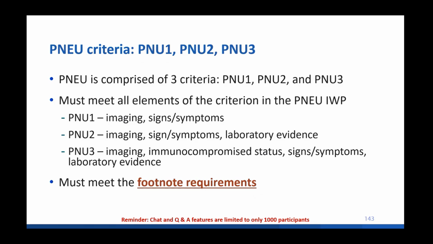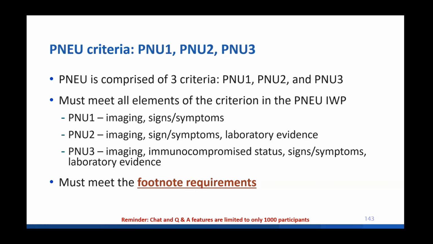And when you meet pneumonia 1, pneumonia 2, or pneumonia 3, this is reported as a pneumonia event. To meet the pneumonia criteria, you must first meet the imaging element, and then you must meet the signs and symptoms element. And in the case of pneumonia 2 and pneumonia 3, you must also meet the laboratory element. And we'll explore these criteria and the elements more in depth later in the presentation.